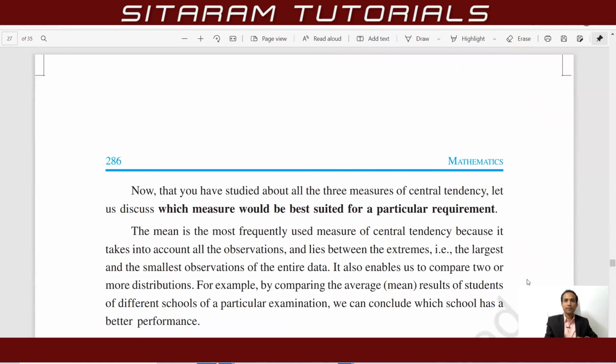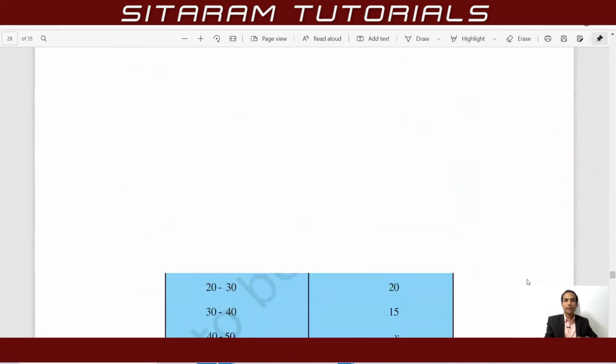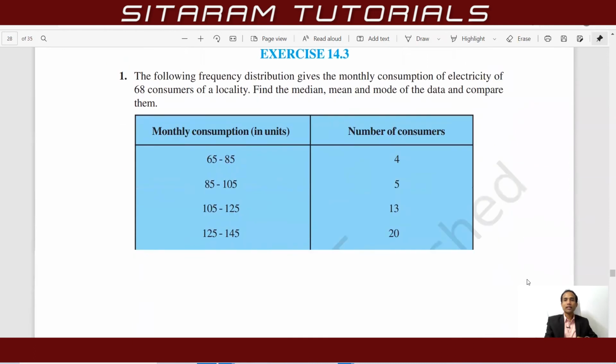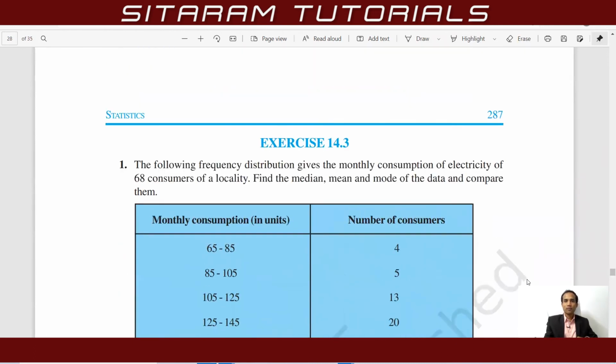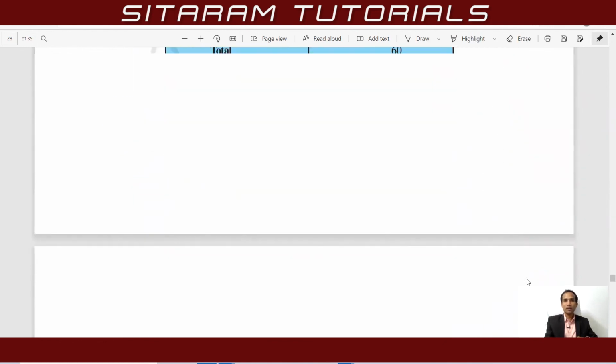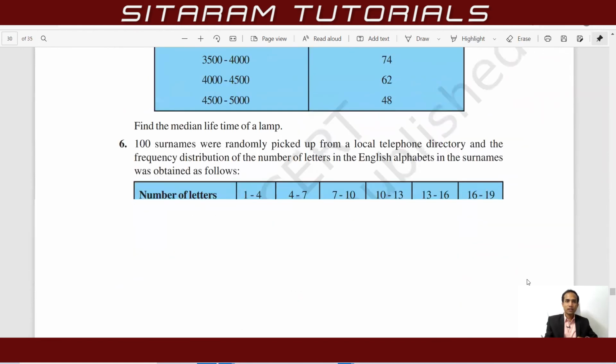These all are there. Exercise 14.3 is also there. The full 14.3 we need to do. These all are going to be there in the exam. These all are there in the syllabus.